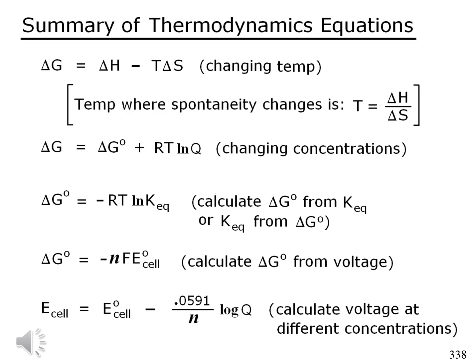Now here's that page with the summary of all the equations on it. These are the 5 equations that you would be given on the test if you were doing it in class.